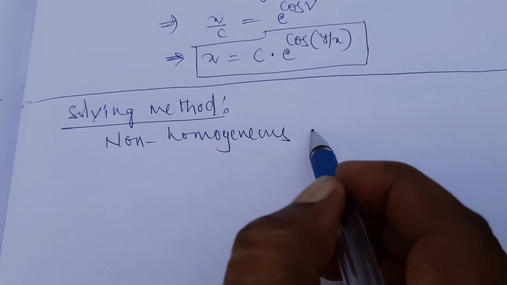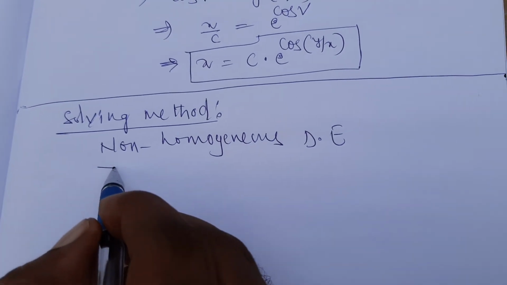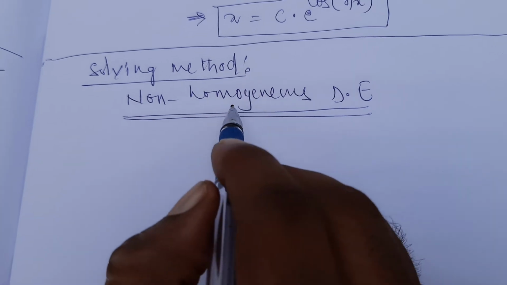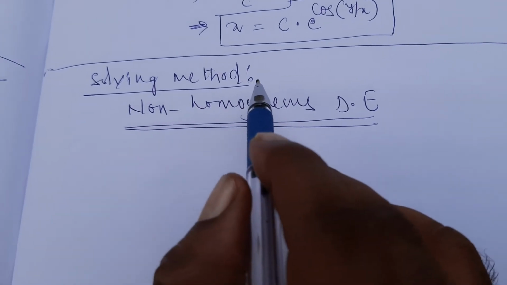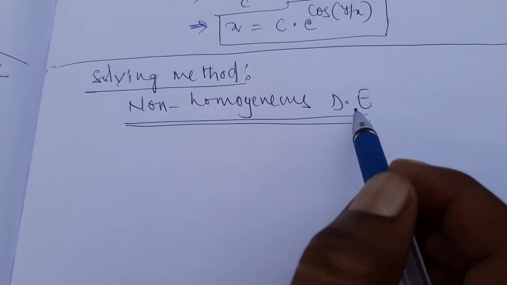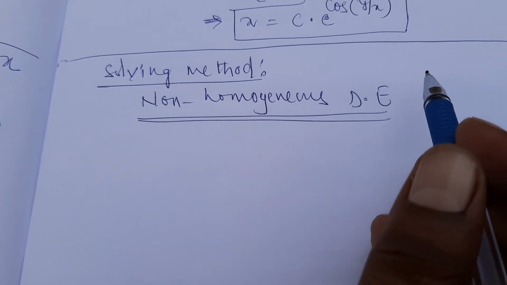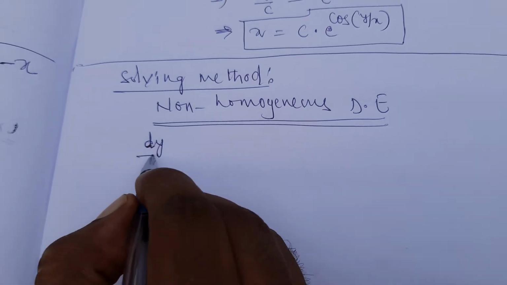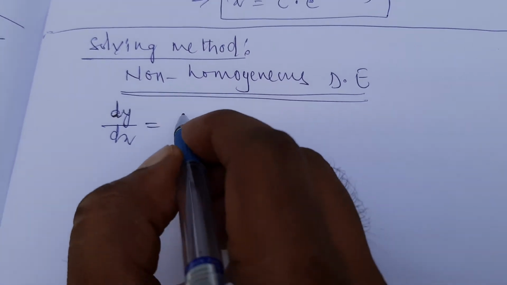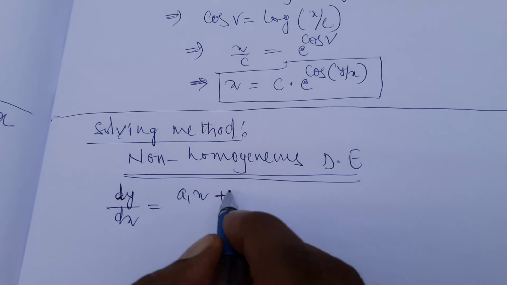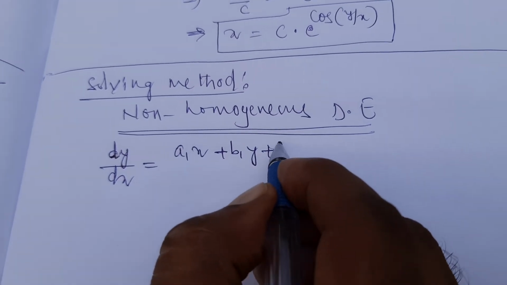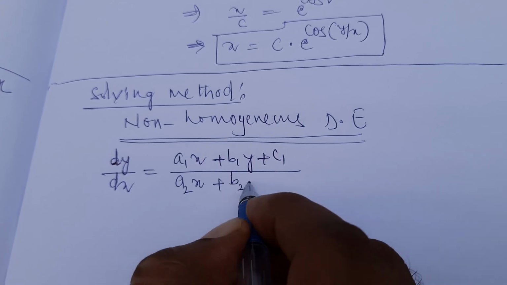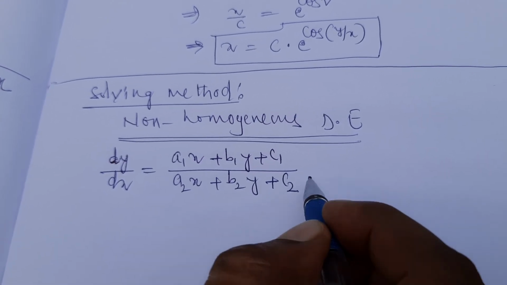Non-homogeneous differential equation. The main thing is, what is the difference between the homogeneous differential equation and the non-homogeneous differential equation? This is easy to understand. For example, the given form is dy by dx equals (a1x plus b1y plus c1) by (a2x plus b2y plus c2).